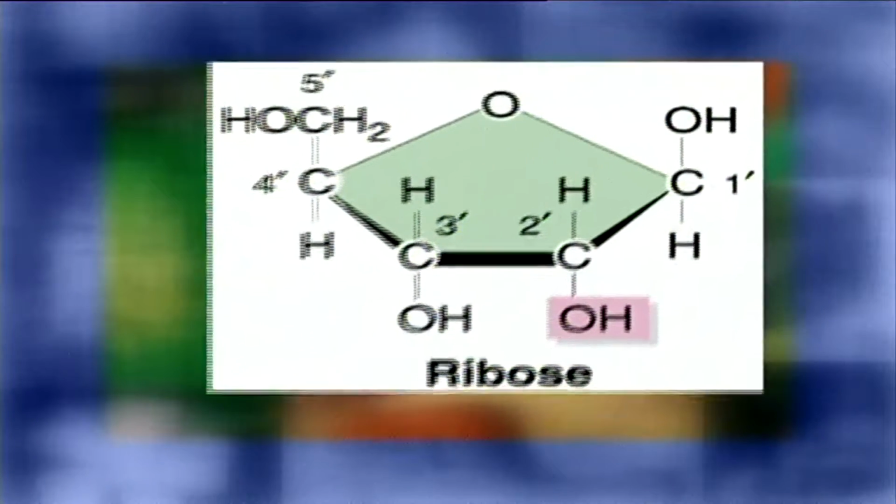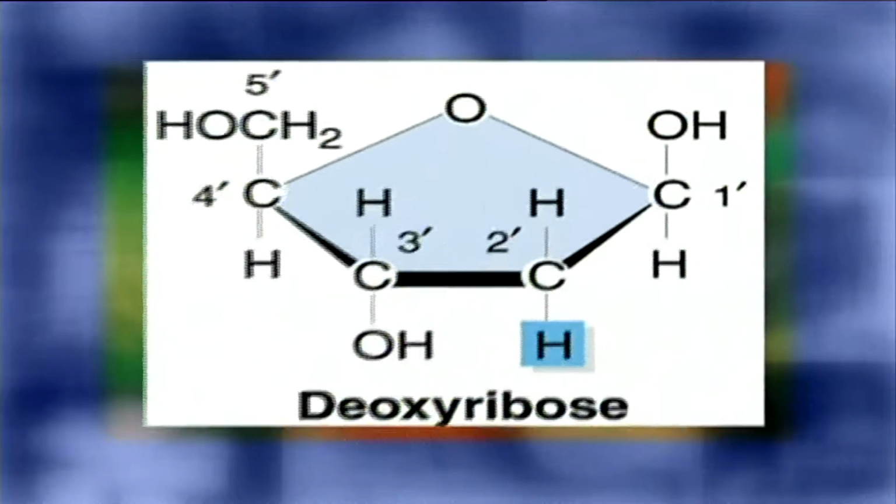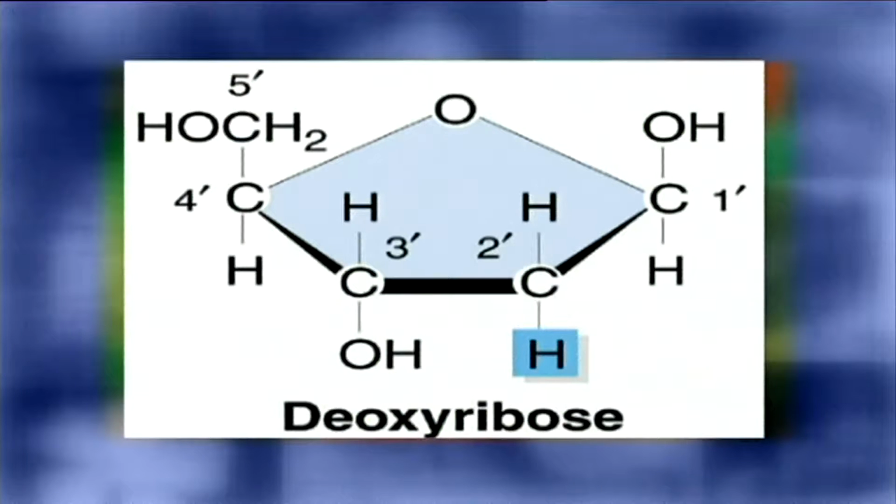Ribose is a 5-member carbon ring which consists of 4 carbon atoms, while the 5th carbon is outside the ring. In deoxyribose, an oxygen atom is missing at position 2, and hence the name deoxyribose.